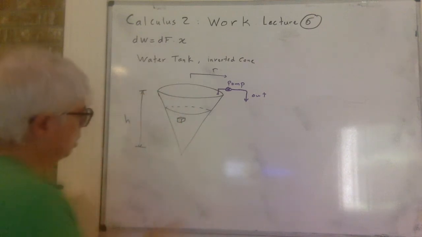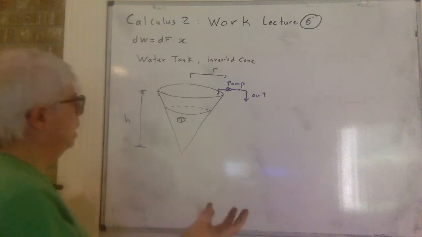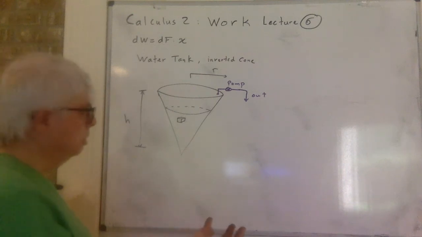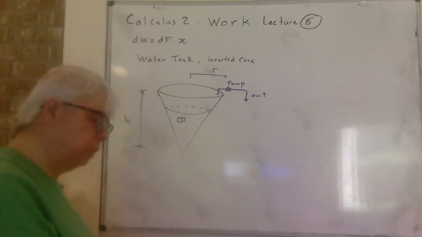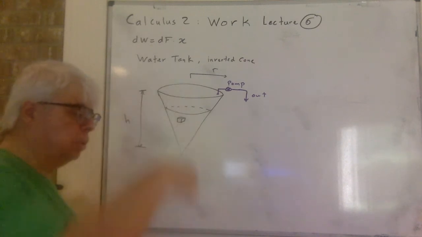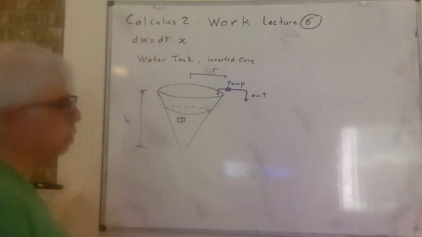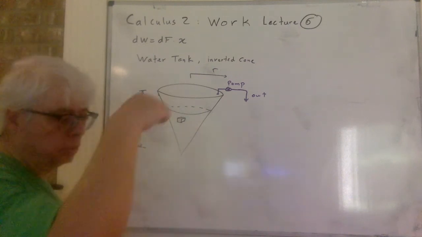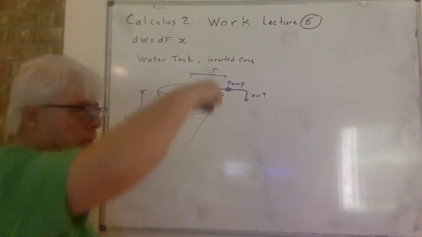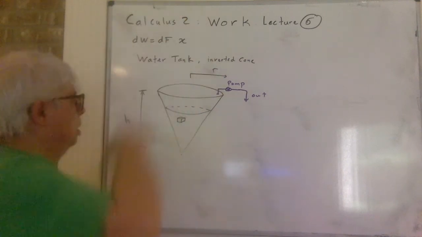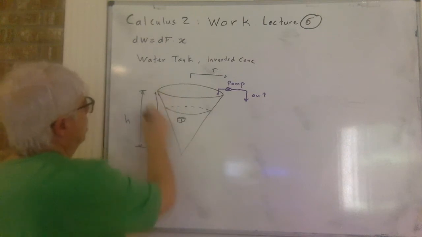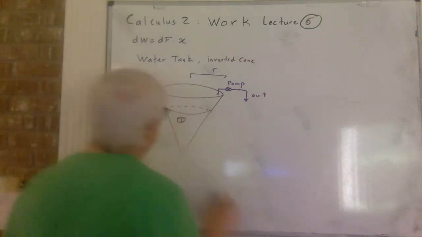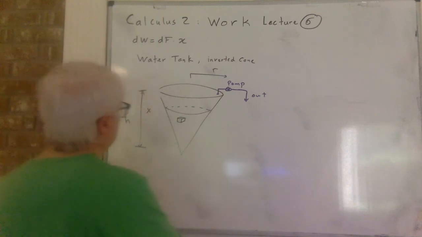Each portion has some mass, and mass gives you weight, and since you are pulling this, you are going against its weight. The force that is doing some work is in fact the force of your hand, which is just pulling it up, and you move it, say, x distance up, and throw it away.